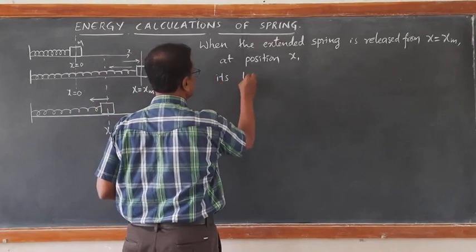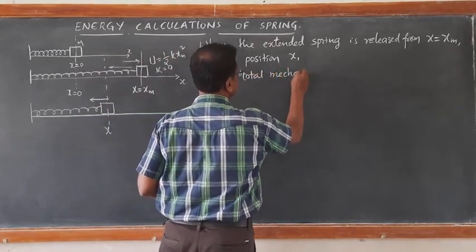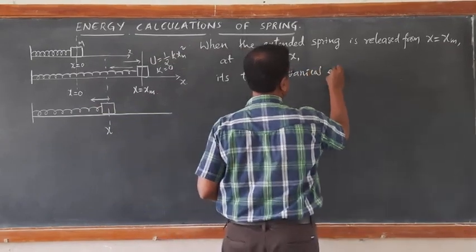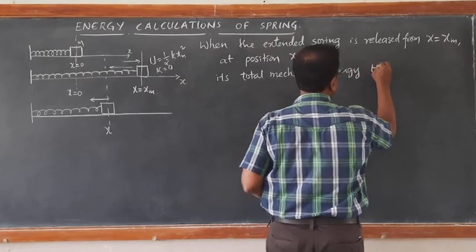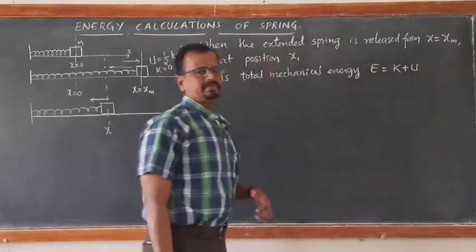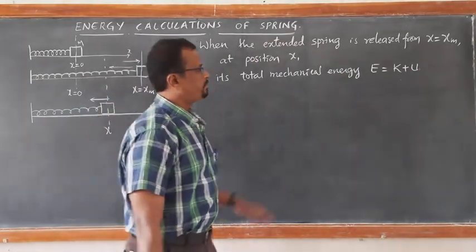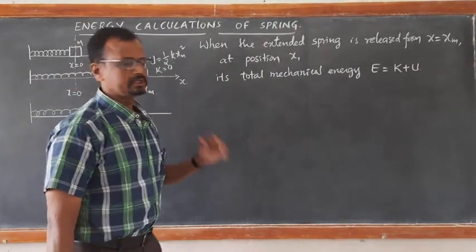Its total mechanical energy E is equal to K plus U, by definition. Now partially it is having kinetic energy and partially it is having potential energy.